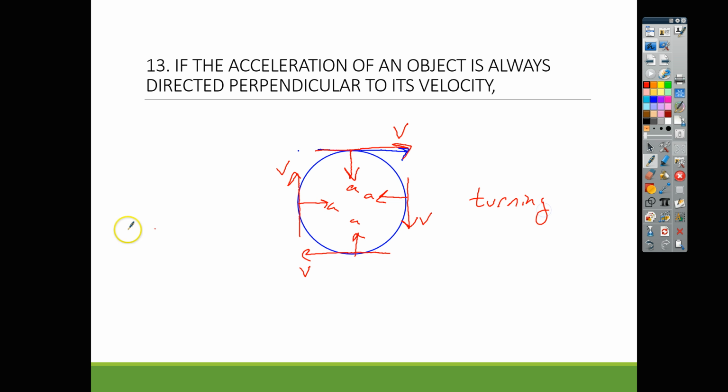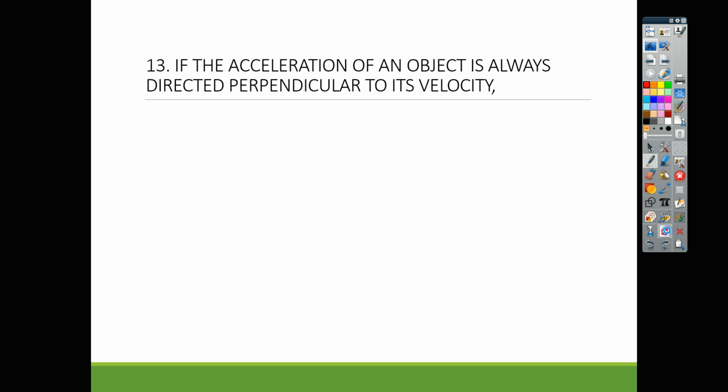So anytime you have a path, and the velocity is always a tangent line to that path, then we have an acceleration that is at a 90-degree angle, we say that this thing is turning. So that is number 13.